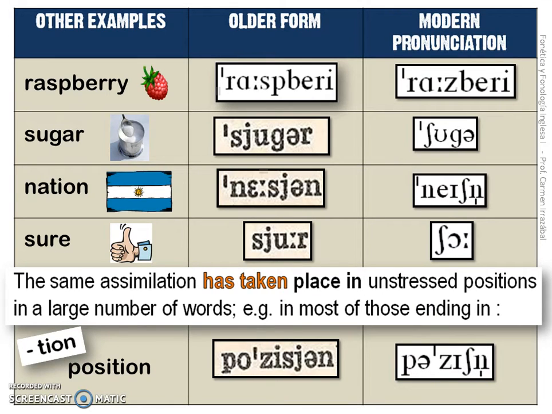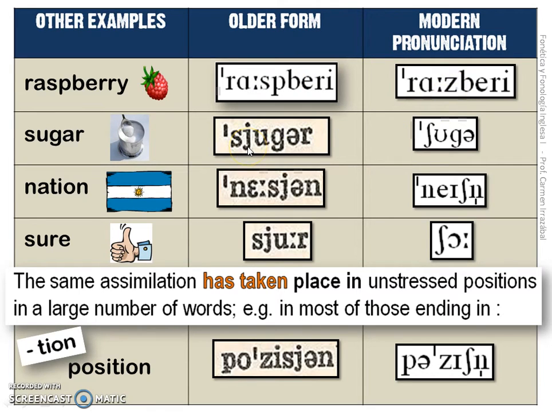position. In the first example, we can see how, after the elision of the bilabial plosive, the voiceless alveolar fricative sound came into contact with a voiced bilabial plosive, and this made the voiceless sound become voiced.